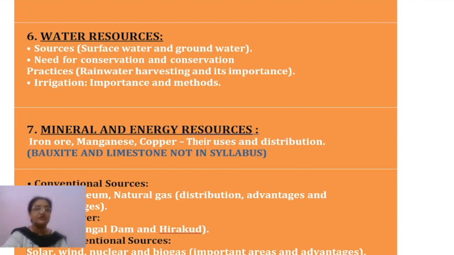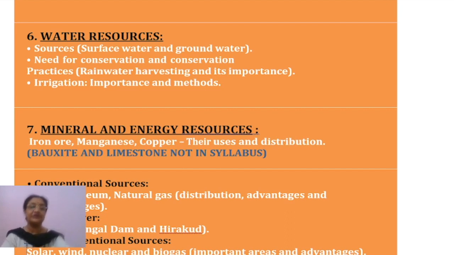Then rainwater harvesting, again an important topic, rainwater harvesting and its importance. Then irrigation, its importance and various methods of irrigation which are being used in different parts of India for agricultural purposes. So all this is in the syllabus.